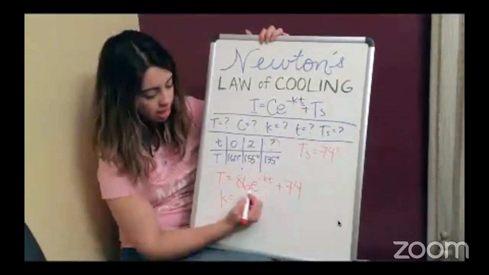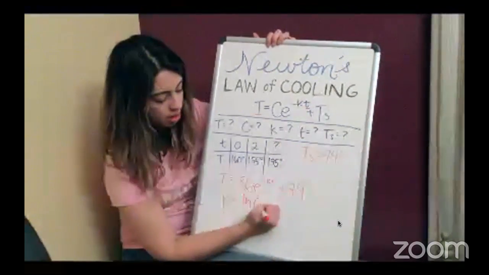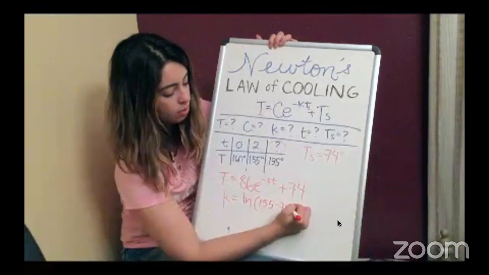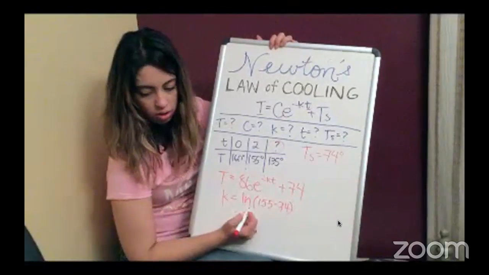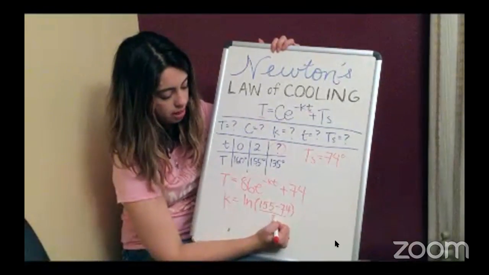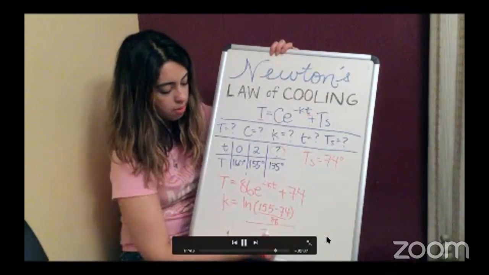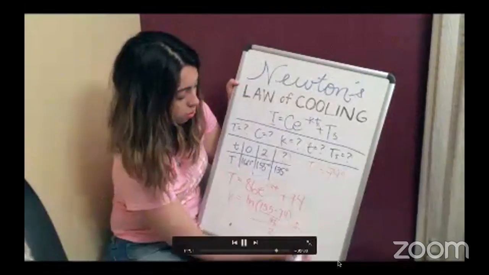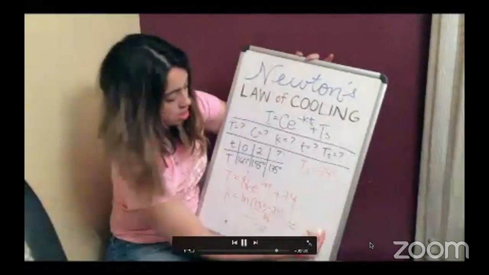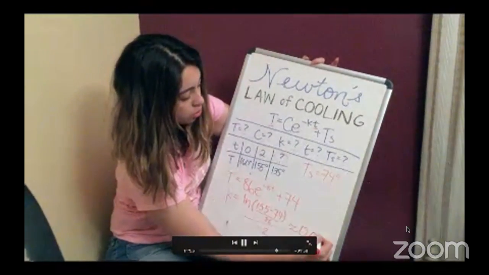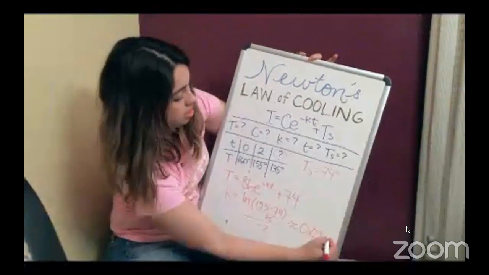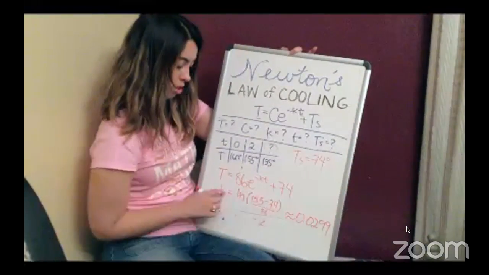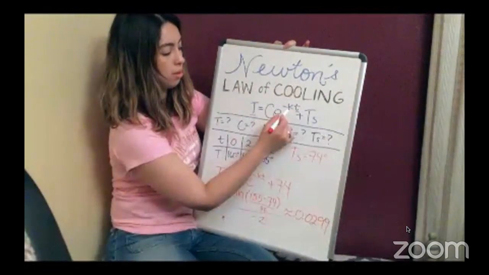And we'll find out that k is equal to ln of 155 minus 74, all divided by 86, and all divided by -2. So this would approximately be 0.0299, and that will be our value for k, which we will then plug in here.